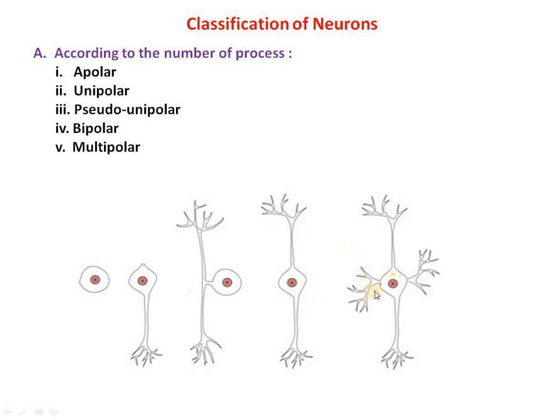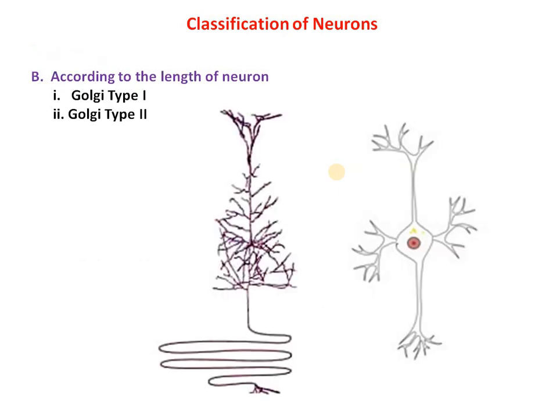And a multipolar cell, generally found in the pictures in different books, has several dendrons and dendrites and a single axon. So these are the 5 types of neurons on the basis of the presence of axons and dendrons.